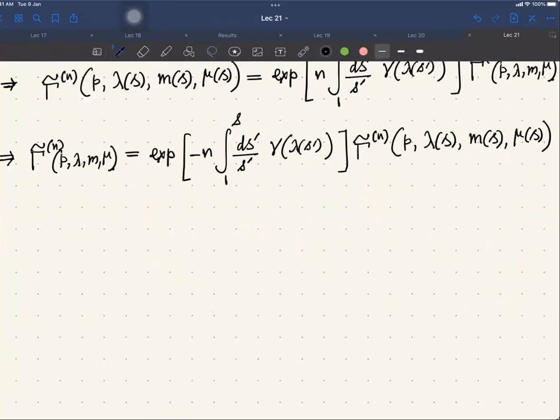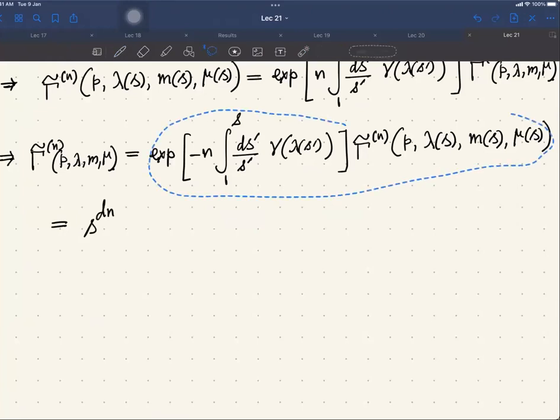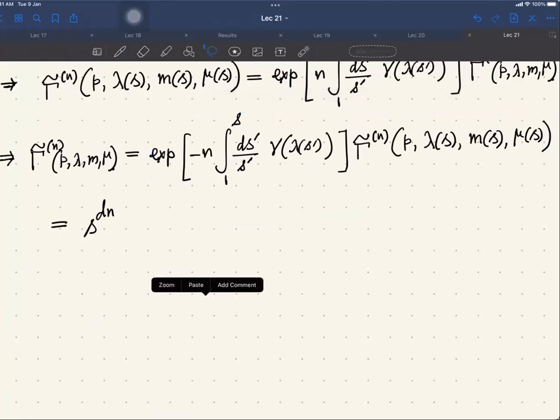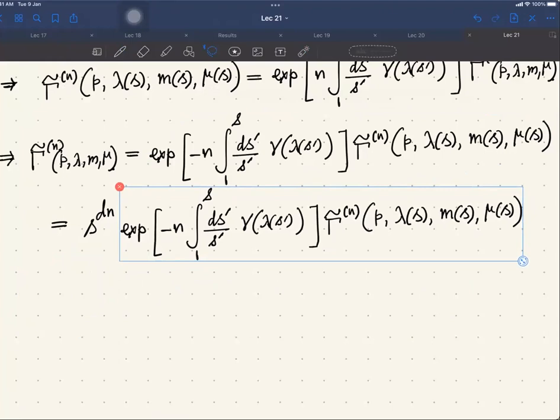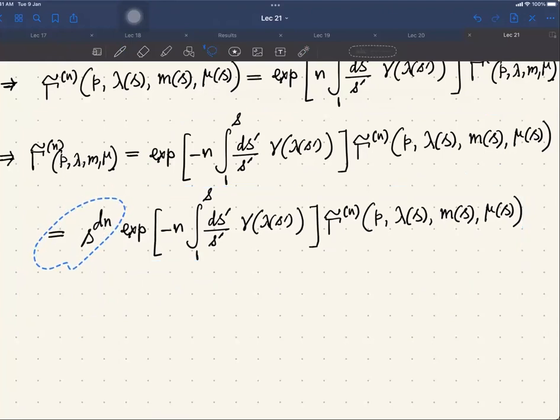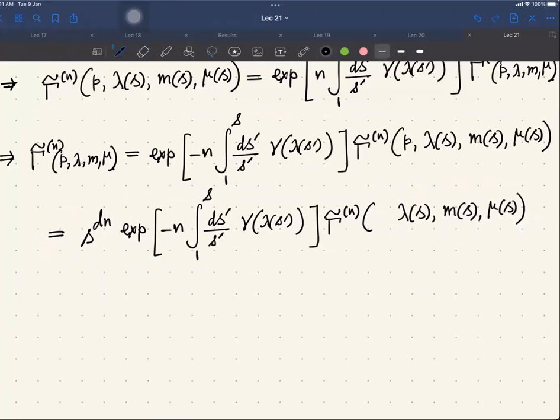Then I scale the mass parameter on the right hand side by s. So let me write and then explain. S to the power dn, so p divided by s comma ms by s times mu s over s, which makes it mu.